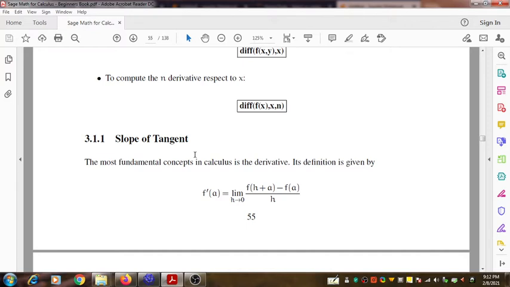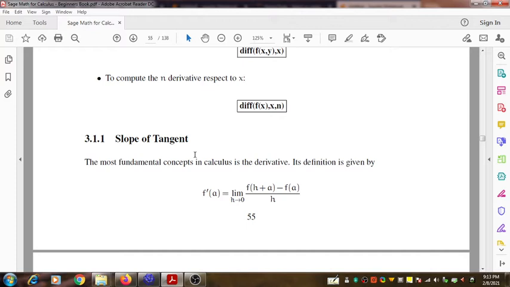It would be useful to recall that formula because it is very fundamental, and it will bring to mind many ideas about differentiation. That formula is f dash of a equals the limit as h tends to 0 of f(a plus h) minus f(a), divided by h.